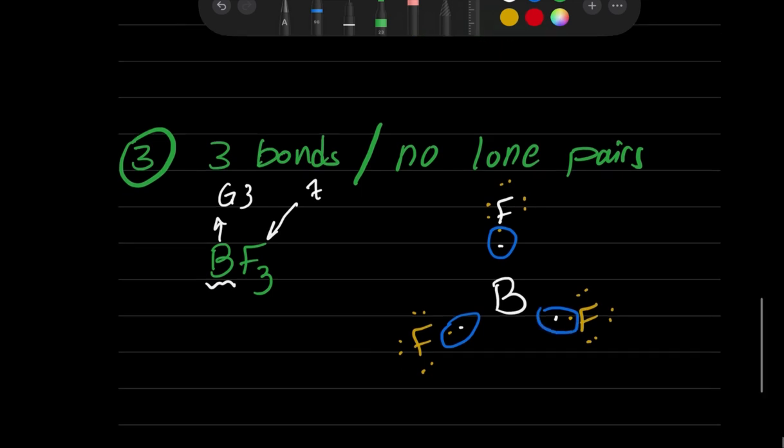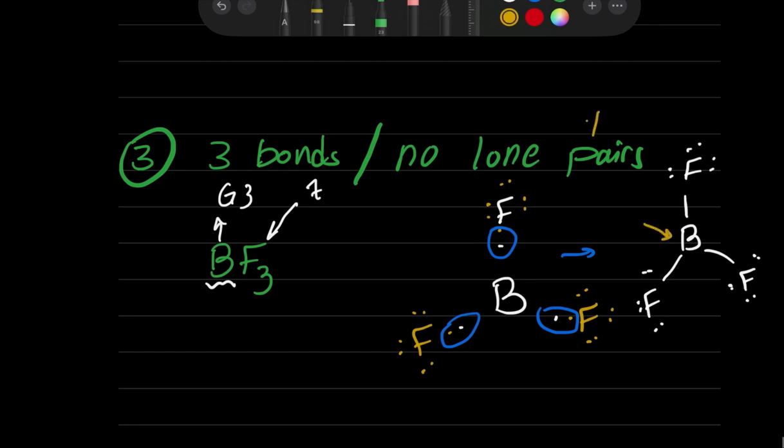And that's why if we want to represent this in the simplest structural form, we have B, and we have F, F, and F. We have lone pairs on them. All right, at that point, question number 1: do we have lone pairs on the central atom? No, we don't have lone pairs. How many bonds do we have? We have 3.